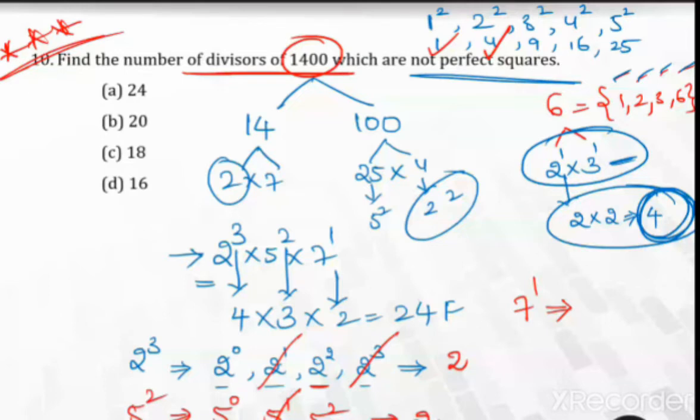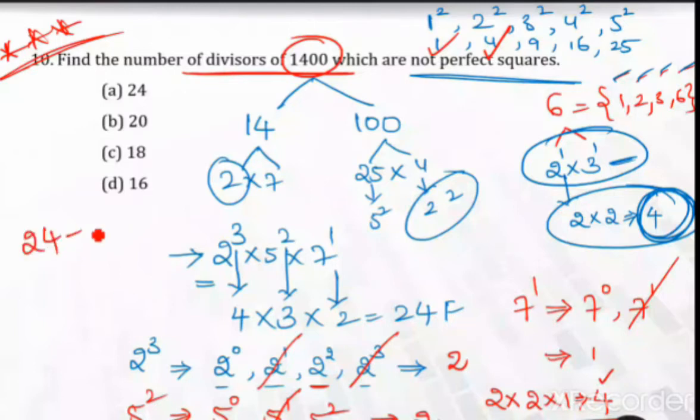Now total how many perfect squares are there? 2 into 2 into 1, it will give the result as 4. Total number of perfect squares are 4. But what he is saying is not perfect squares. Total factors are 24, and 4 are perfect squares. Means can I say the remaining are not perfect squares? Answer is option B, 20.